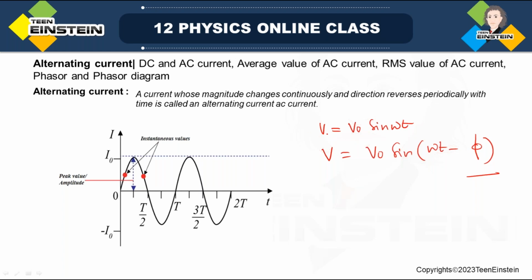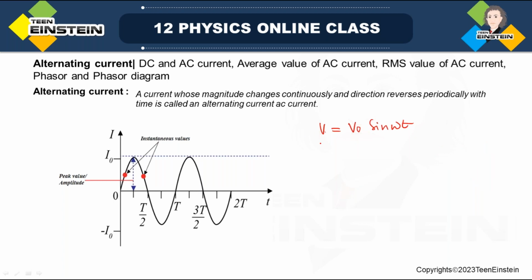Suppose this is V1, this is V2, so V1 and V2 have phase difference phi. That means this V1 is ahead of V2 by phase angle phi.